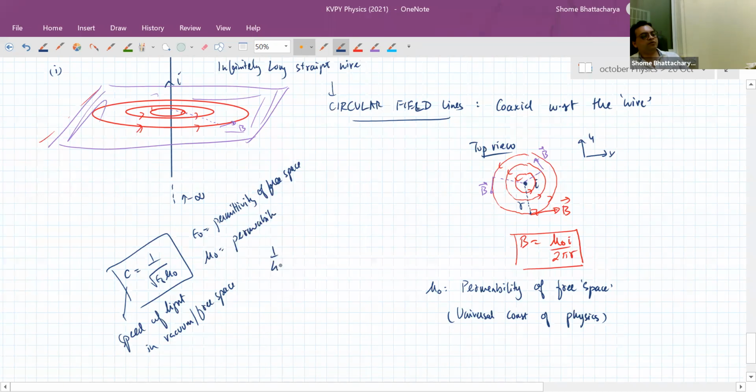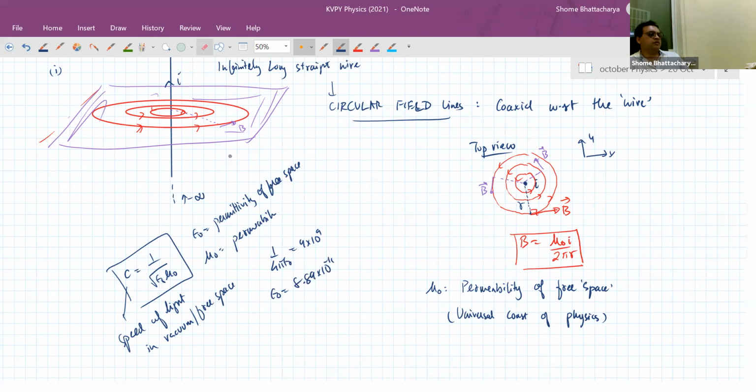Now 1 by 4 pi epsilon naught, remember I had a value of 9 into 10 raised to 9. Epsilon naught has a value of 8.85 into 10 raised to minus 12. But anyway, what is more important is to remember it this way.